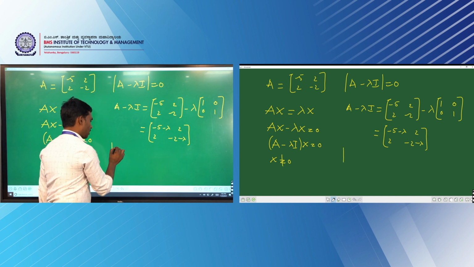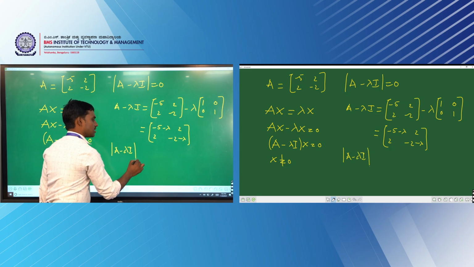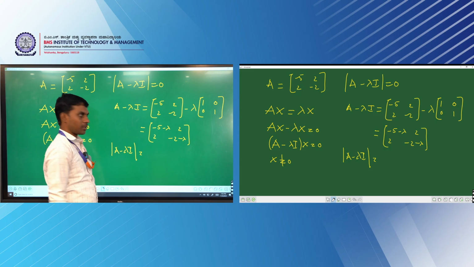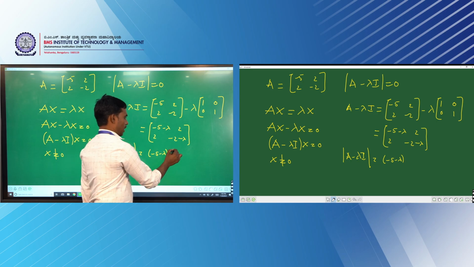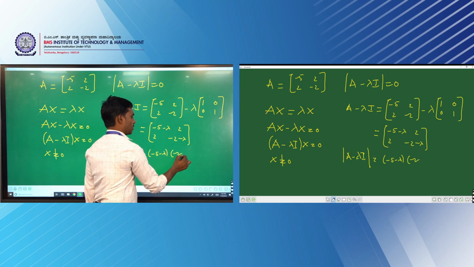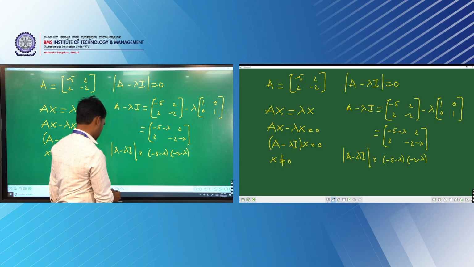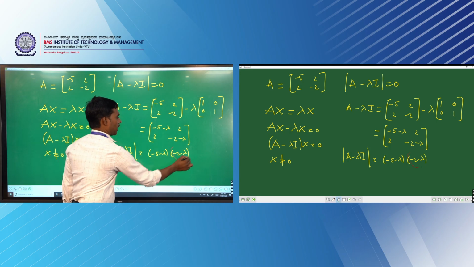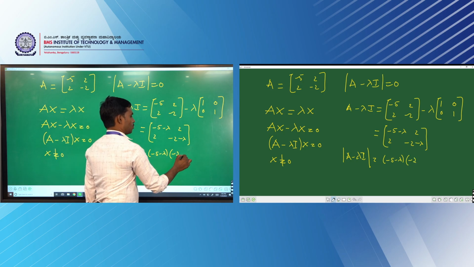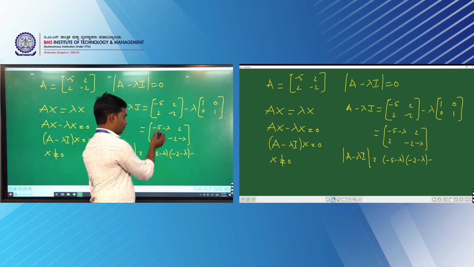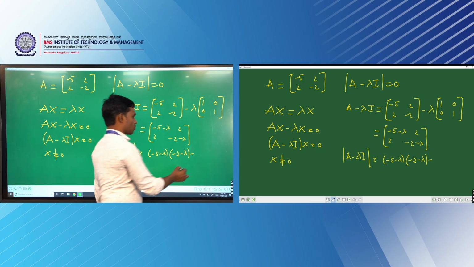For the determinant of A minus lambda I, you all know how to find a determinant; it is an easy method. So it is (minus 5 minus lambda) times (minus 2 minus lambda), minus the product of these two, which is minus 4.